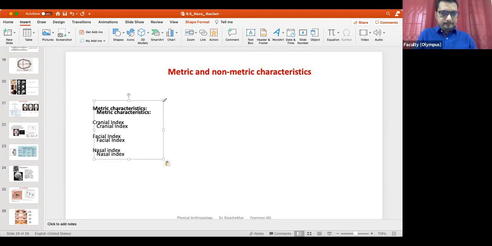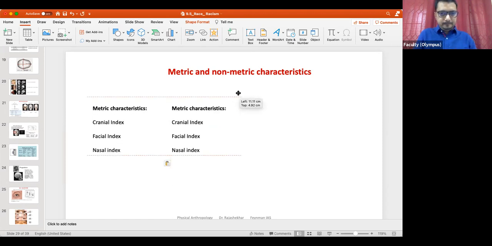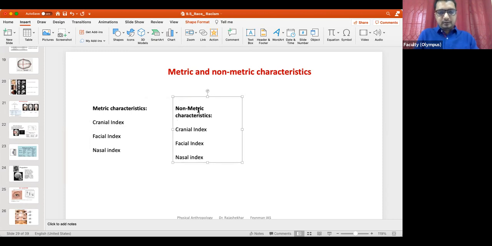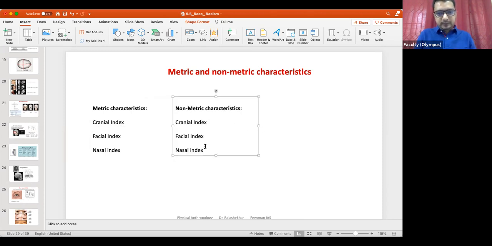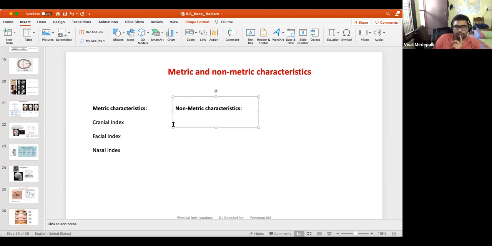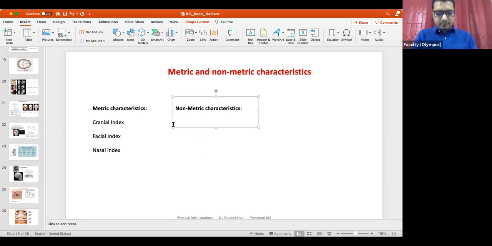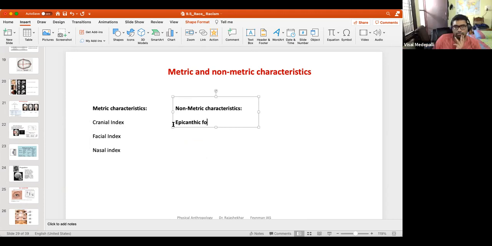So which of the things we discussed yesterday are non-metric characteristics? Skin color, hair texture, the Mongoloid eye, the epicanthic fold. Clearly, either someone has it or doesn't have it.